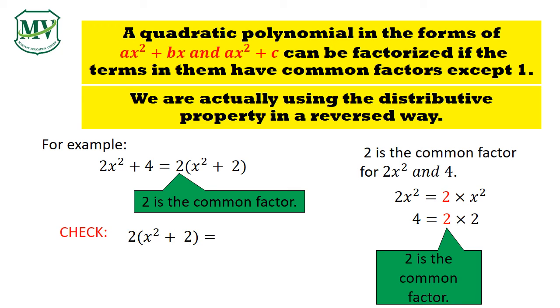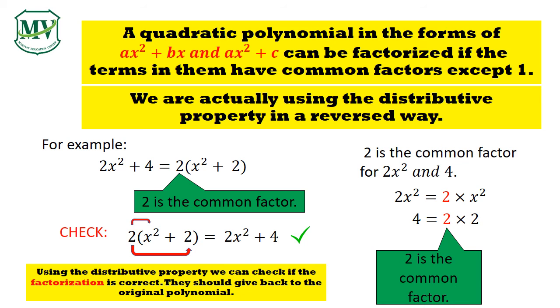So to check that, we will use the distributive property. We will multiply 2 times x squared and then 2 times 2. So the answer will be 2x squared plus 4. So it goes back to the original quadratic polynomial.